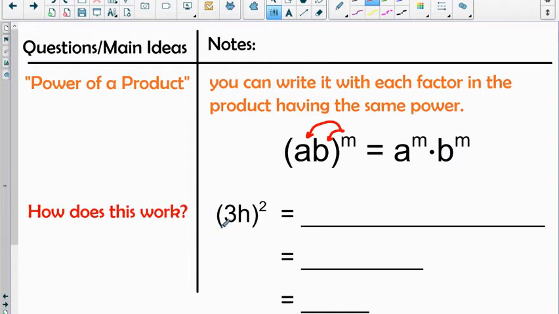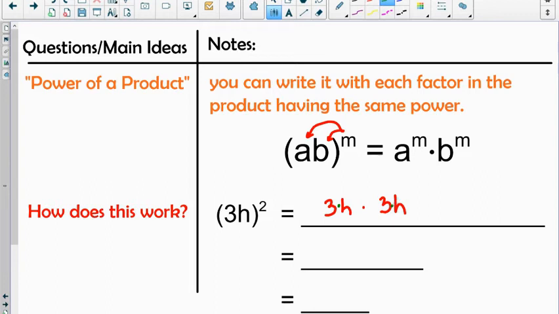So how does this work? We have an example here, 3h in parentheses grouped together, raised to the second power. So one way to look at this is to say, well, 3h raised to the second power means that I'm multiplying 3h times 3h. Well, we know that each one of those 3h portions is really 3 times h.